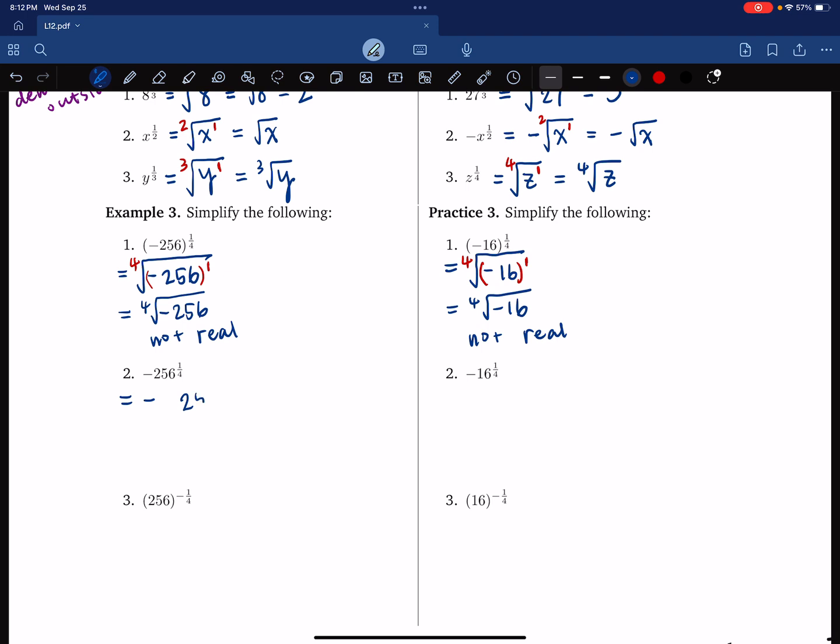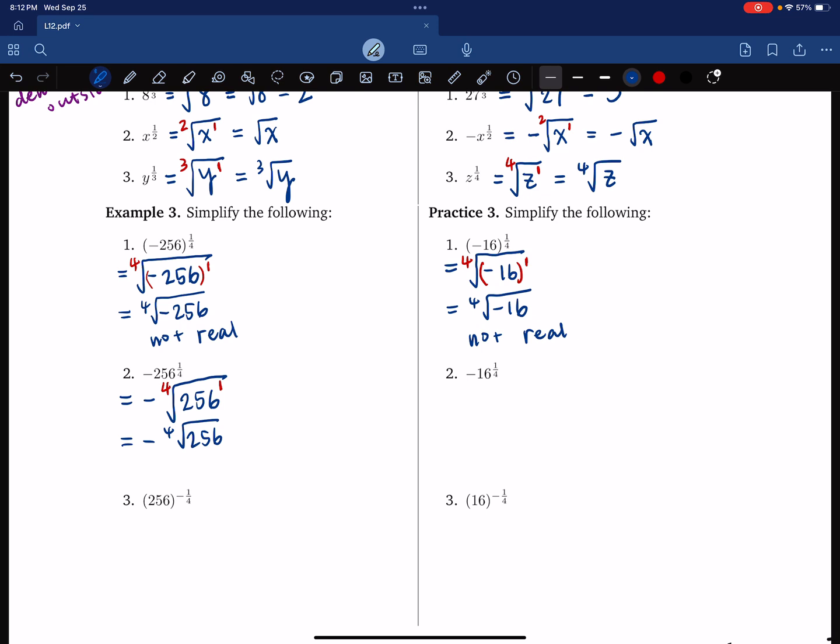So I'm going to do 256 with the radical sign. This number goes inside. Next, identify the numerator, which is 1. It goes inside. Denominator is 4. It goes outside. So this will be what the expression looks like. It simplifies to negative 4th root of 256.